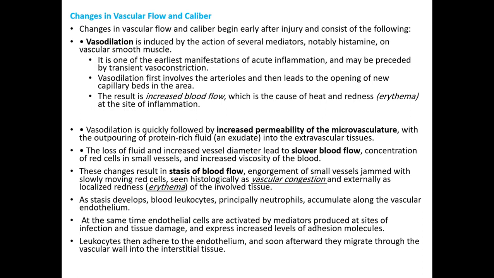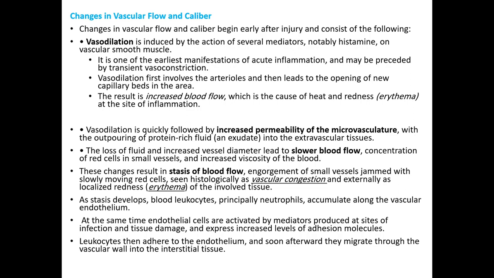inflammation. The vasodilation is rapidly followed by increased permeability of the microcirculation with the outpouring of protein-rich fluid, which means the exudate, into the extravascular tissue. The loss of fluid and increased permeability and thus increased vessel diameter lead to slower blood flow and concentration of the red cells in the small blood vessels.